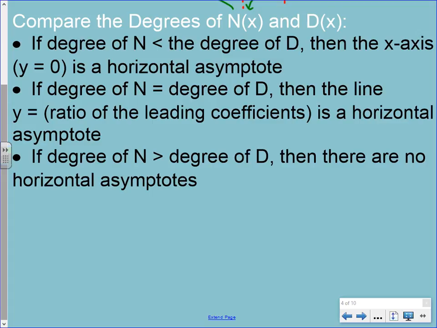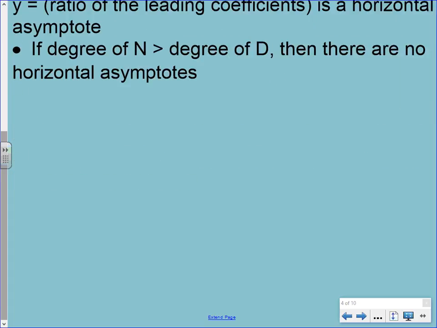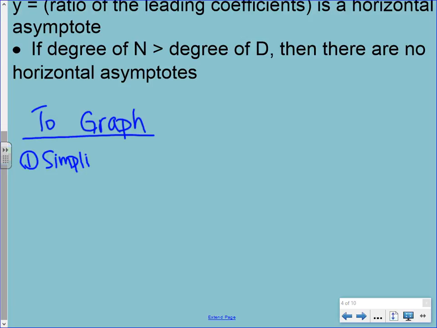Okay, so in order to graph our rational function, the first thing I told you had to do was what? Simplify. Okay.